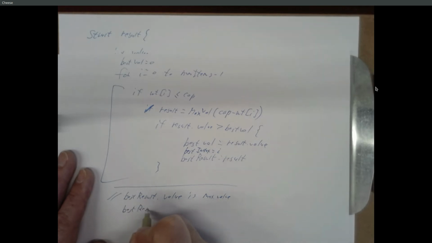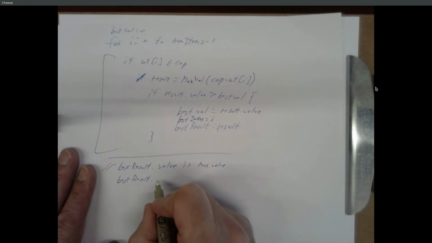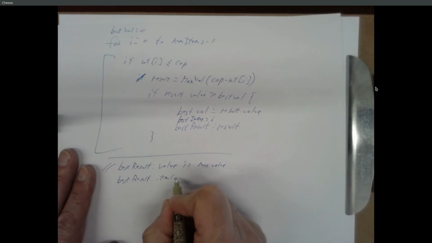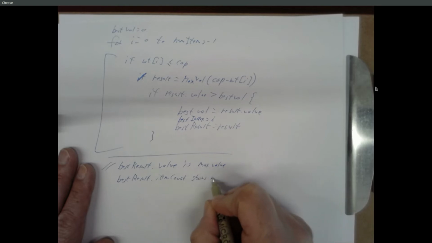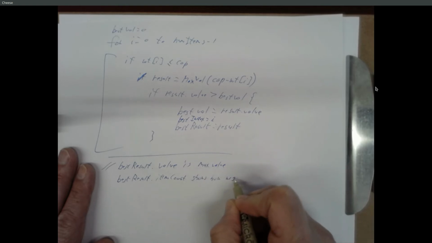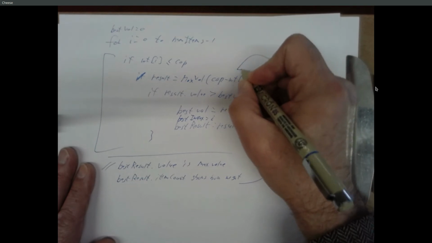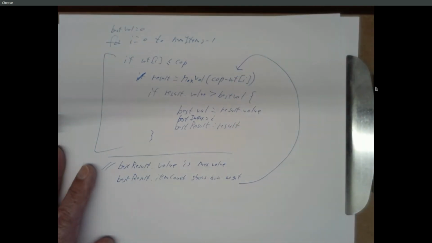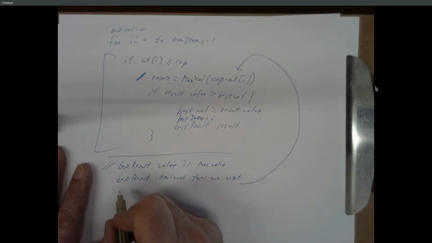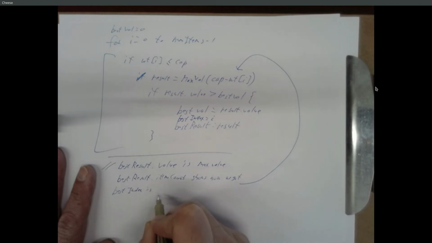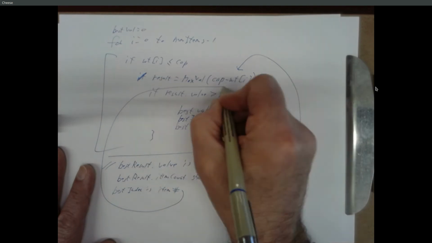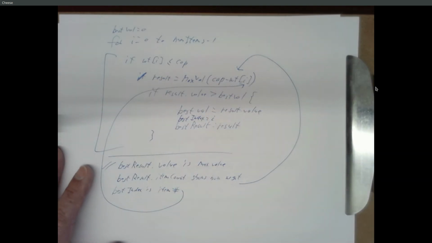Best result dot item count shows how we got whatever the max value was that we had inside our calculation. And best index is the item number that we were using to get that.